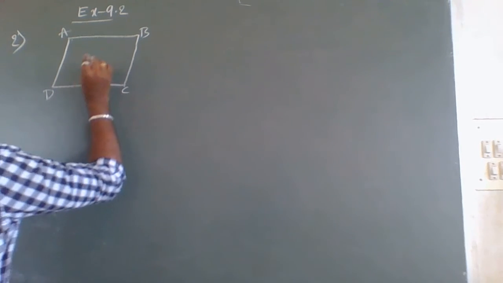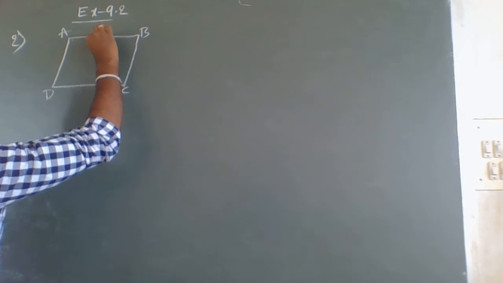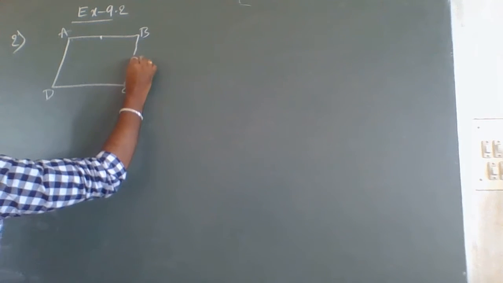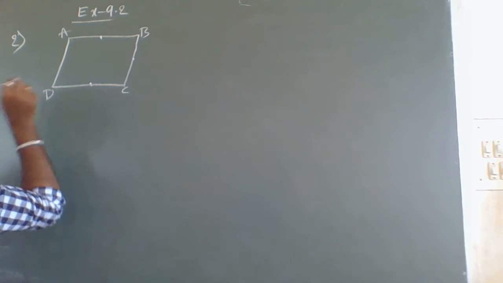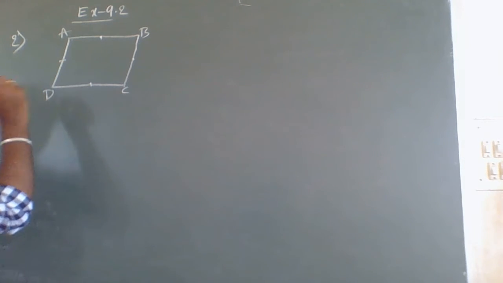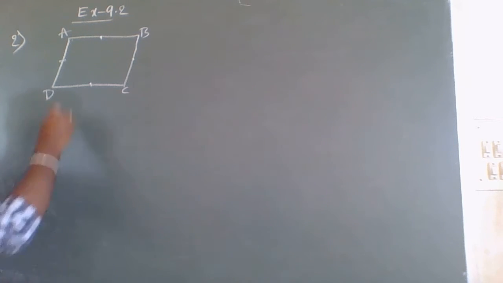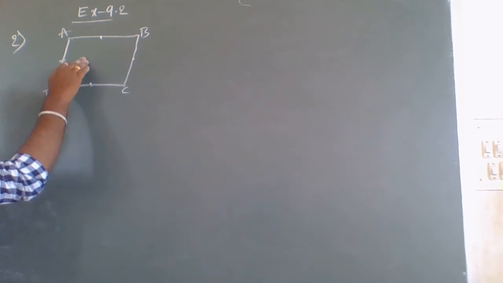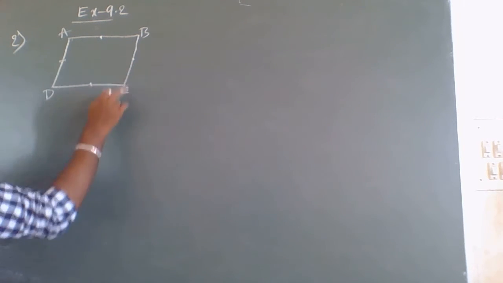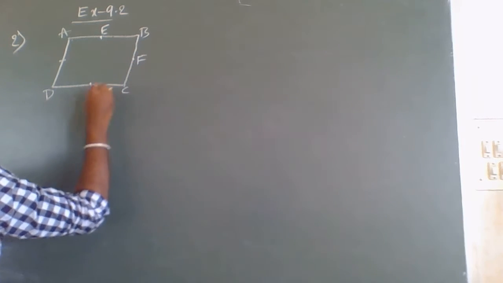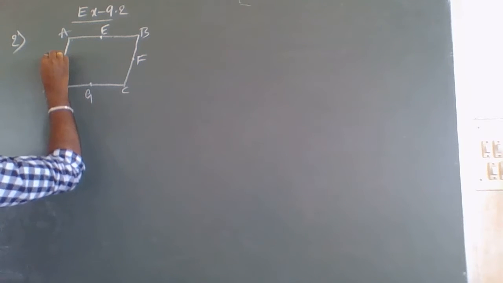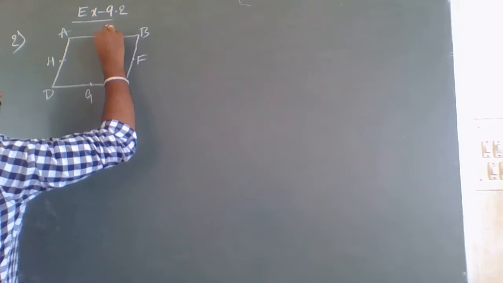So now, this is the midpoint of AB, this is the midpoint of BC, this is the midpoint of CD and this is the midpoint of AD. Here I will write E, and this is point F, this is point G and this is point H. Now I will join all these points.